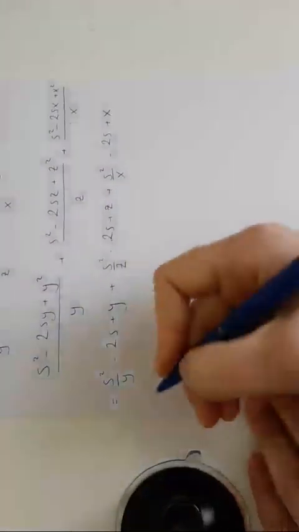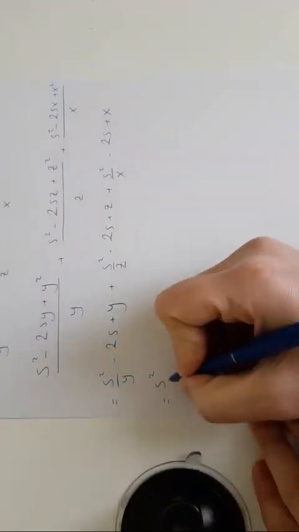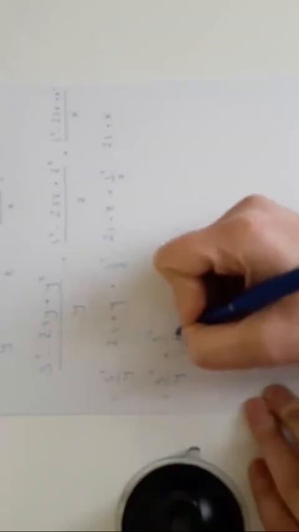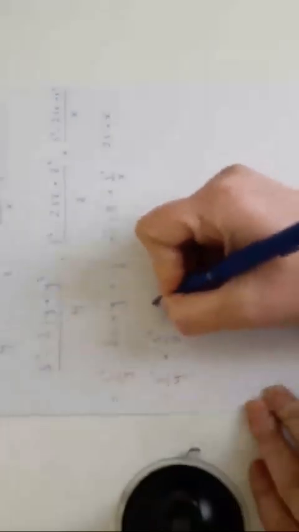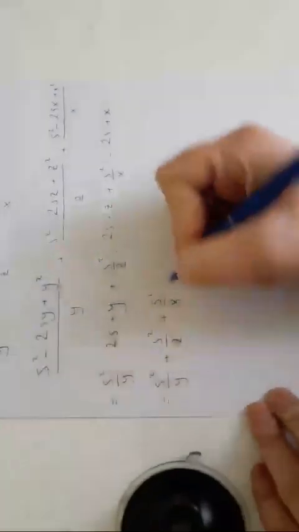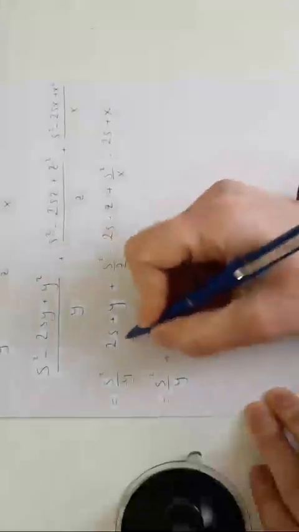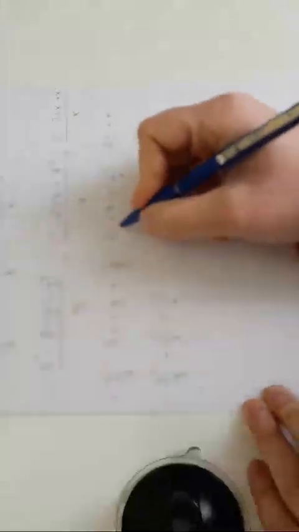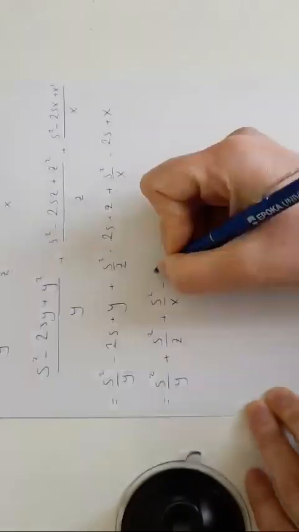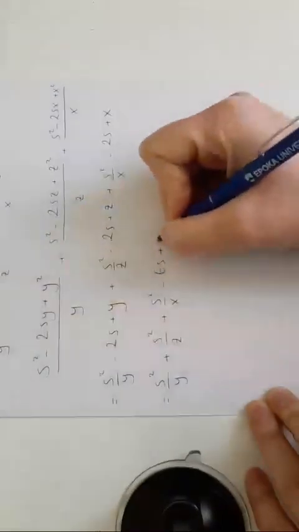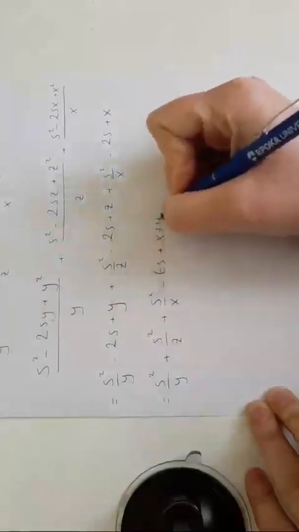Now, as you see, we have here s squared over y plus s squared over z plus s squared over x, minus 2s minus 2s minus 2s, so minus 6s, plus x plus y plus z.